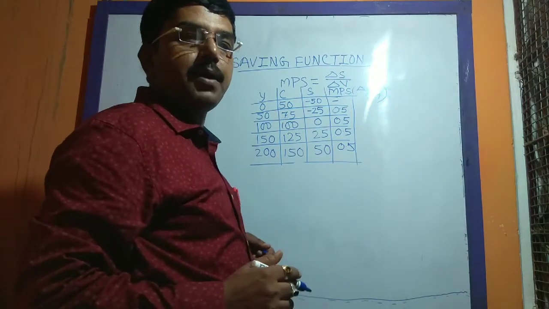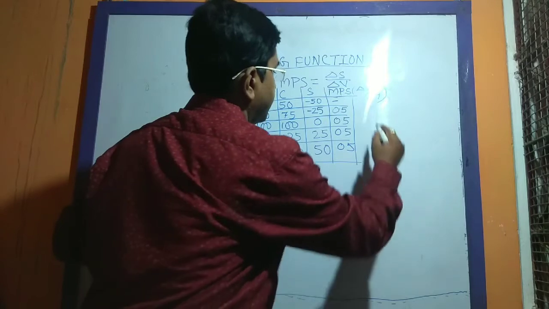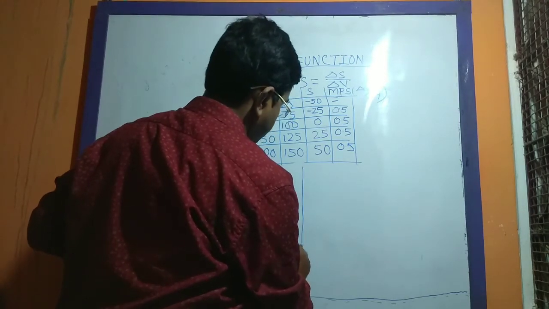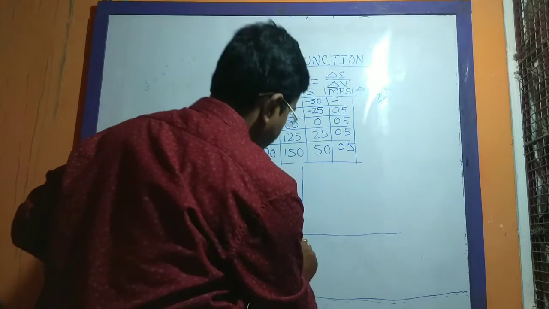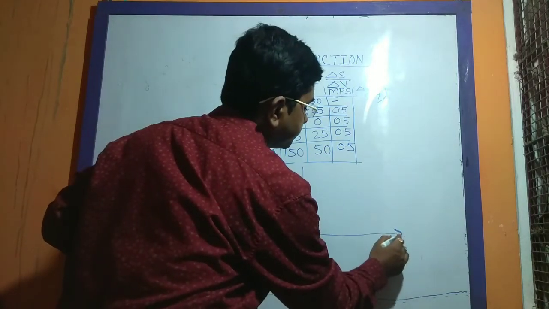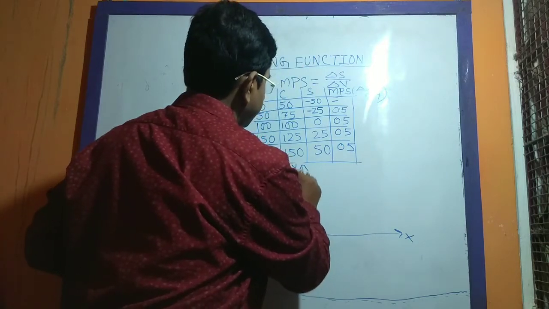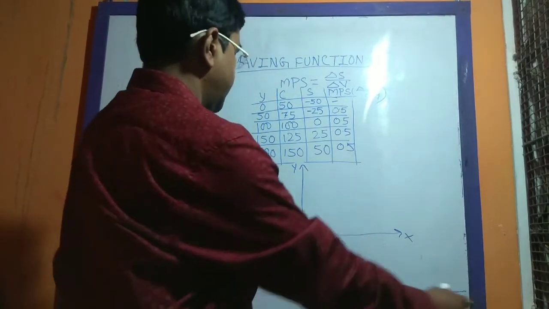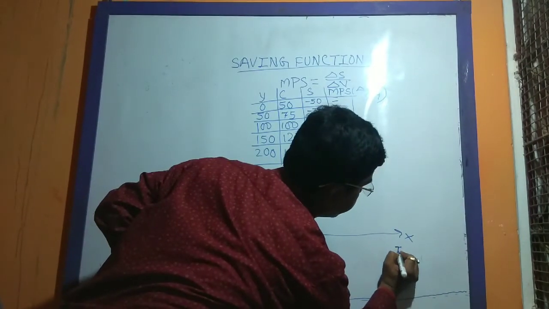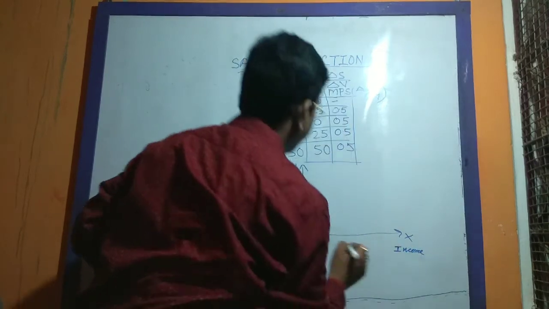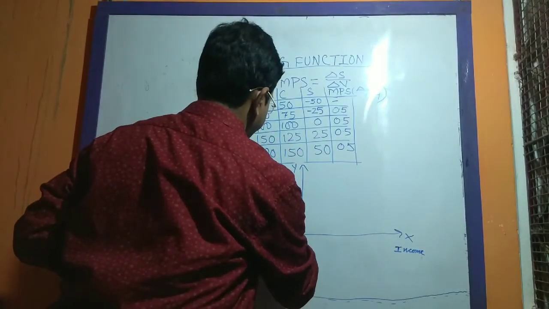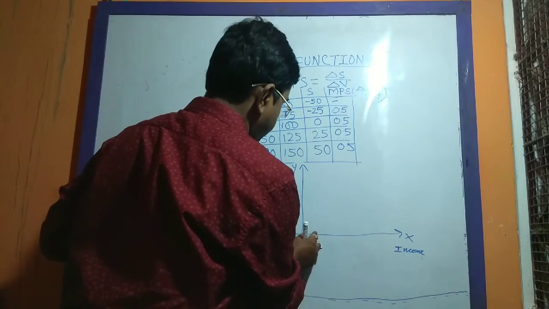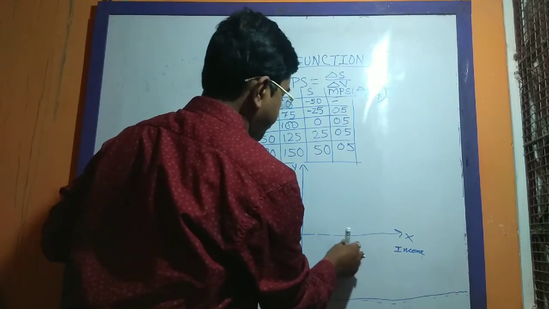We make it more clear with the help of a diagram also. On X axis, income or national income; on Y axis, saving. Income: 0, 50, 100, 150, 200.